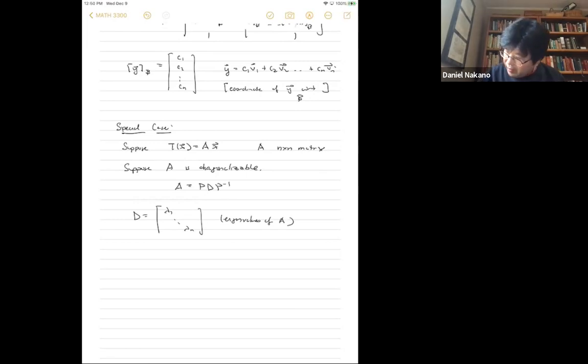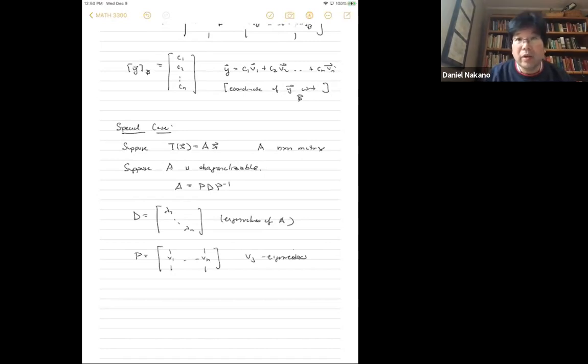And then P is obtained by looking at the eigenvectors and putting them down the columns, all right?